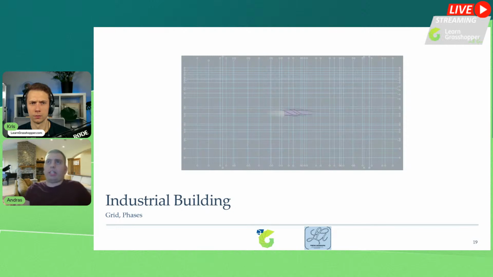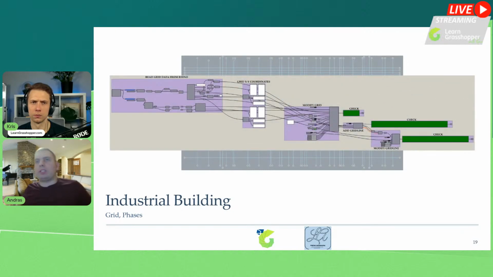In the next picture, we can see parts of the code. First, reading grid data from Rhino. Next, determining grid X, Y coordinates, and modify grid, add grid line, and then also modify grid line.